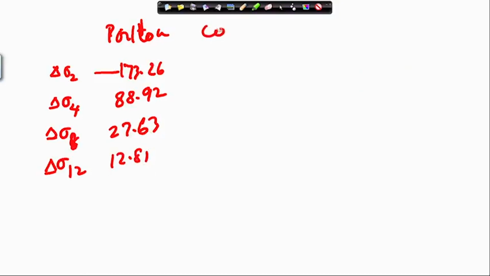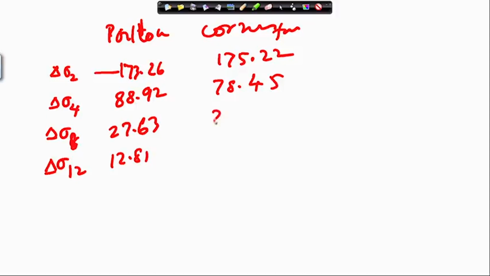And now by the corner formula we have got 175.22, then 78.45, then 26.15, and then 12.5.